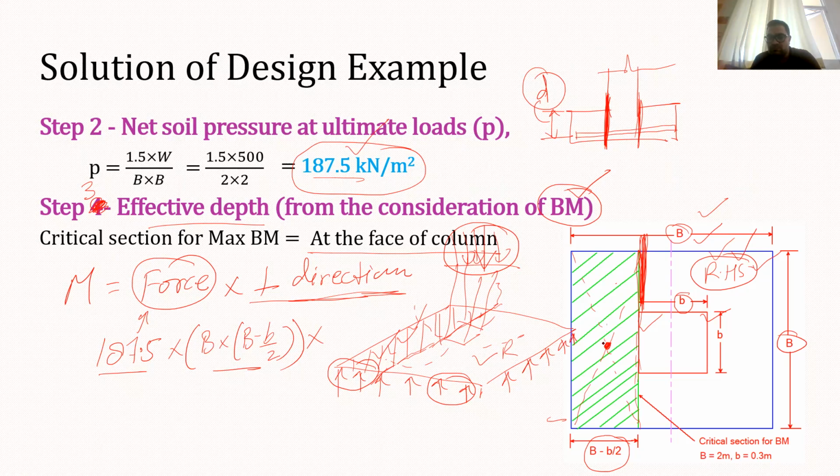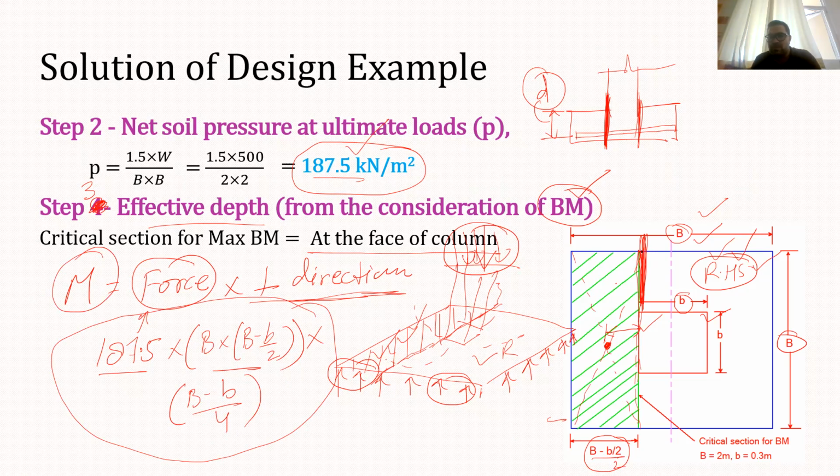So the perpendicular distance will be between this point and the critical section. So this becomes this divided by 2. Ultimately, the perpendicular distance becomes (B minus b) by 4. So that becomes the relation to calculate the bending moment at the critical section.